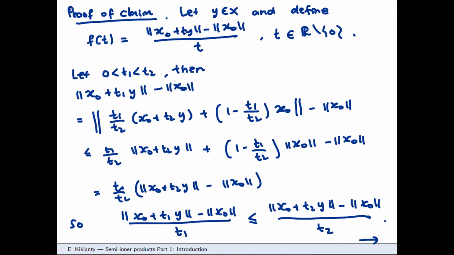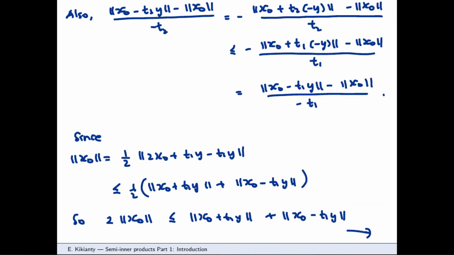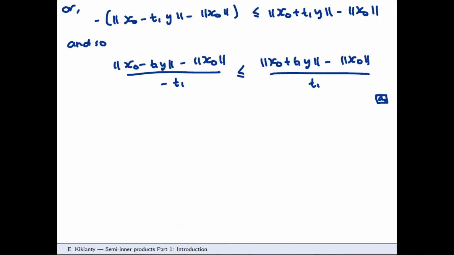Okay, so the idea is once you can show that this is non-decreasing, then you're done. It's a fun exercise concerning the convexity of the norm.